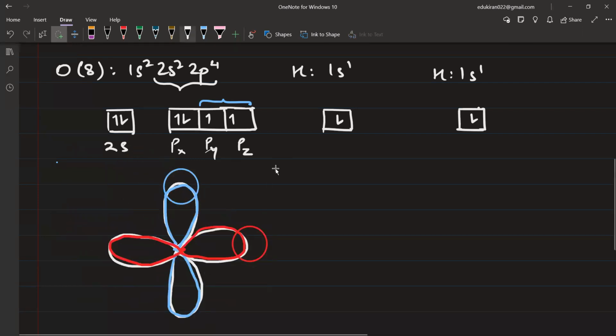That's fine. That means the central atom here is oxygen.